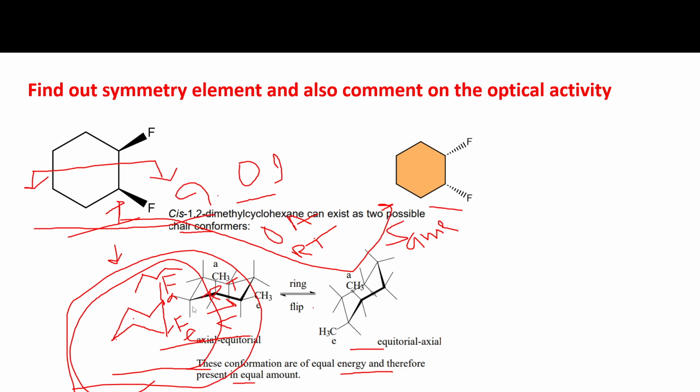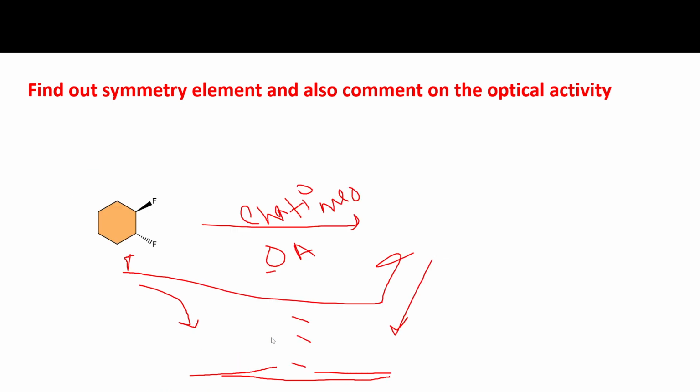They are achiral molecules because they don't have any sigma plane when we are drawing in the chair conformations, but these two conformers interchange so rapidly with each other that we cannot separate them out. As a whole, that molecule behaves like an achiral molecule.